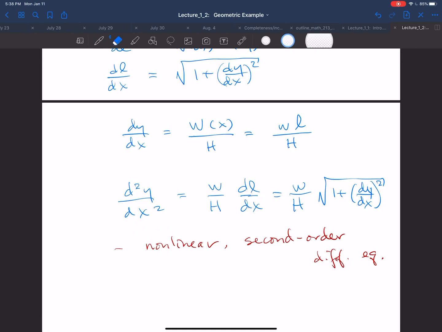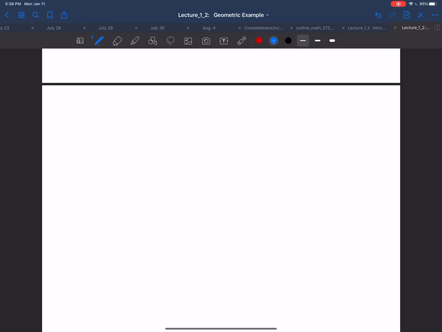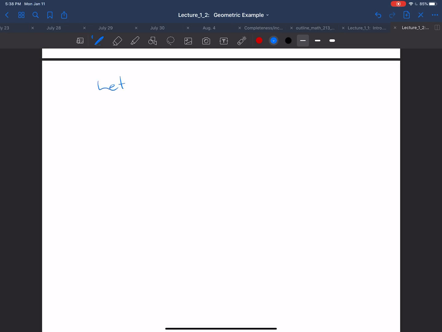So what we're going to do is treat it first of all as a first order differential equation in the first derivative. So we'll say, let S, for slope, be dy by dx. Then we can rewrite that previous equation as ds by dx equals little w over H times the square root of 1 plus s squared.